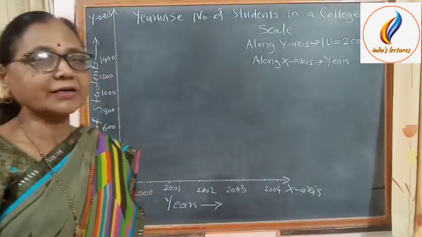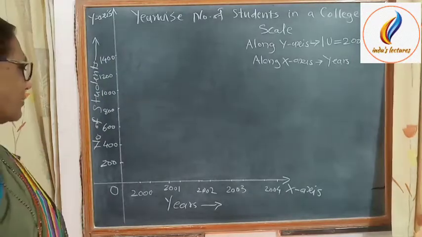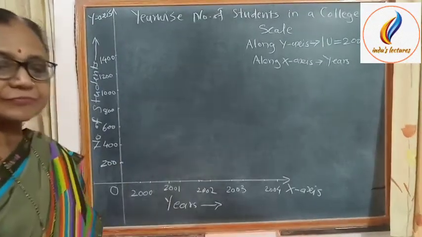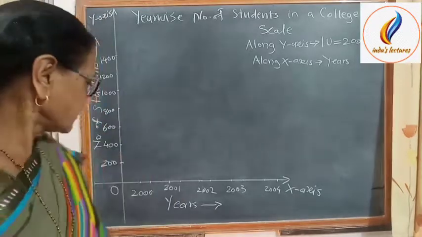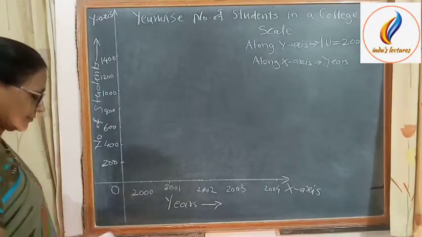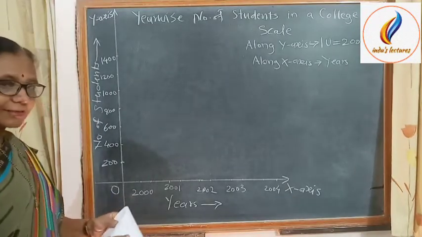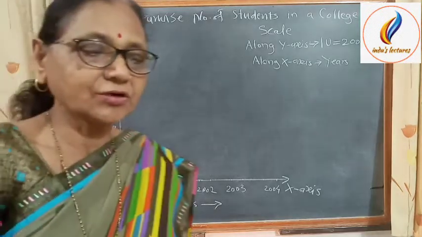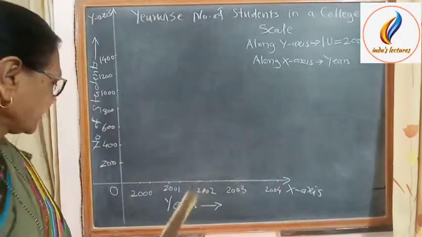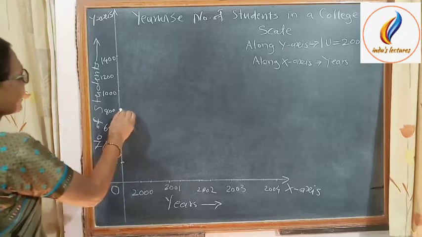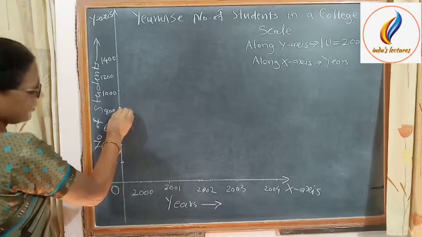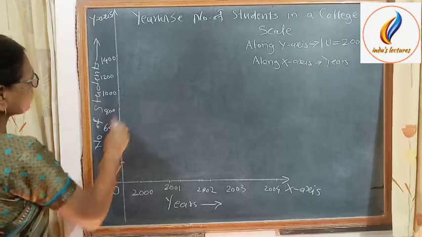The length of the bar is equal to the value which it represents. In the year 2000, the number of students is 800. So we will draw the bar considering 800. Mark the point at 800.